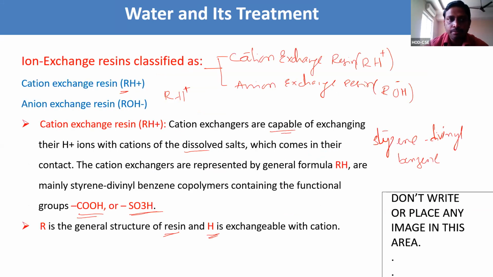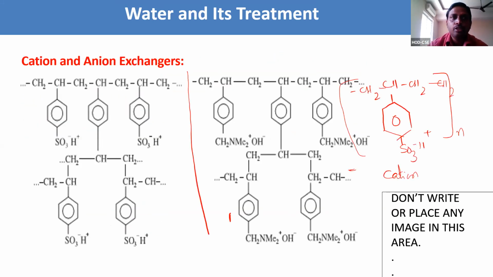This is the structure of the cation exchange resin, and this is the anion exchange resin. These are made up of styrene divinyl benzene copolymer with phenyl formaldehyde or amine formaldehyde functional groups.